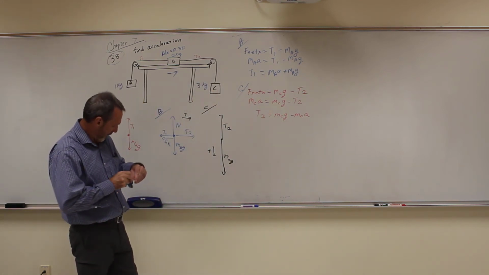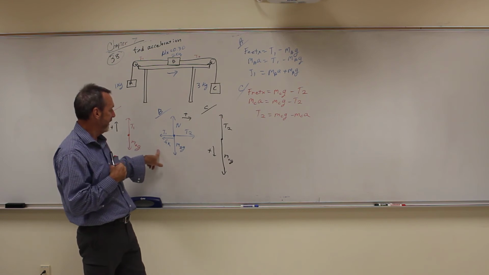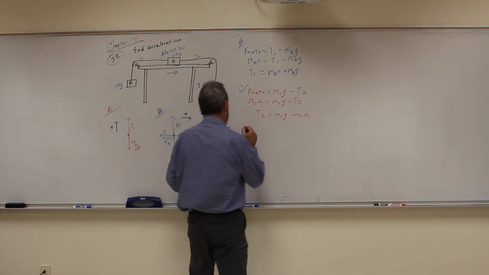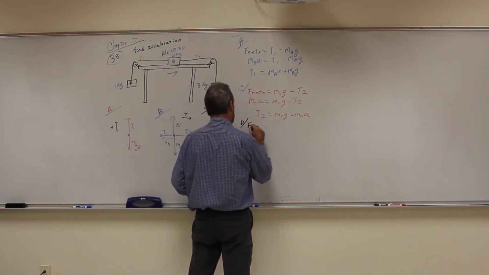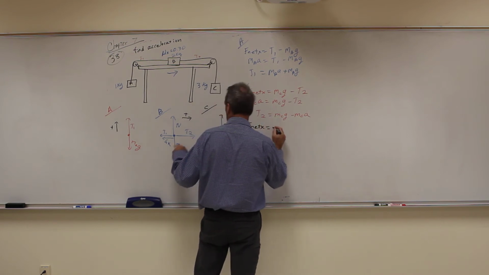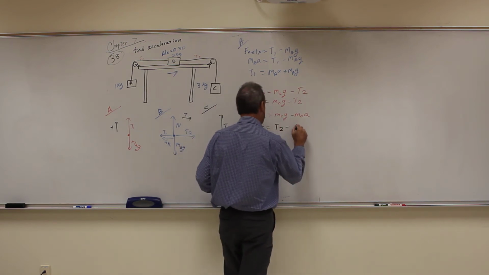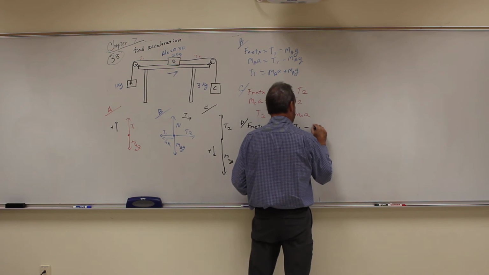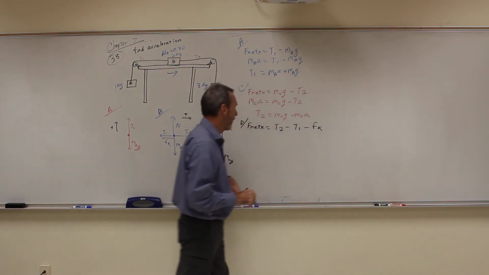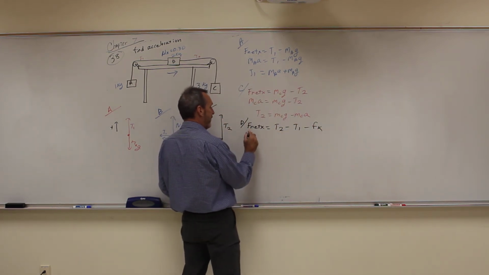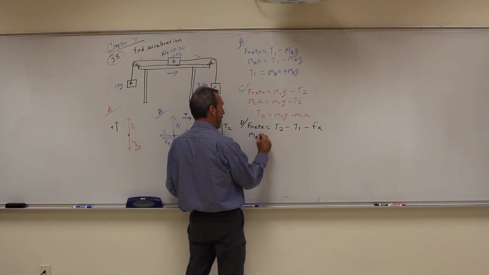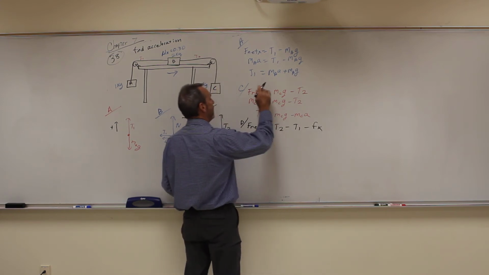Now I'm going to do block B. F net X, so block B, F net X, is going to be T2 minus T1 minus the friction force. And then I'm going to replace this with MB times A is equal to T2. Well, I know what T2 is. I got it right here.